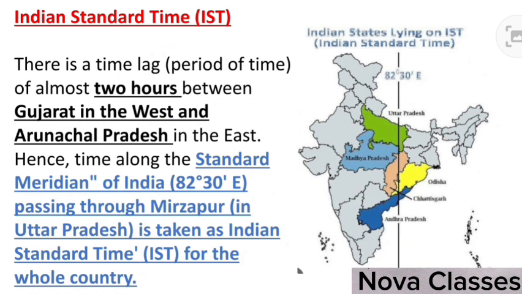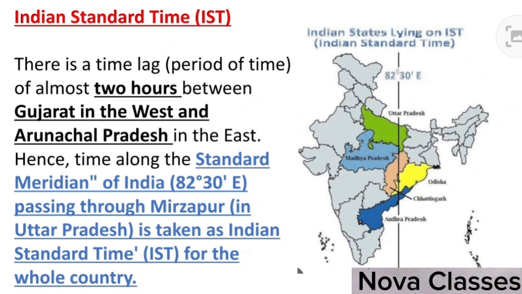Now we have discussed the Indian Standard Time. I am going to ask a few questions related to this topic. The first question: what is the longitudinal extent of Indian Standard Time, that is, what is the standard meridian of India? It is 82 degree 30 minute east.